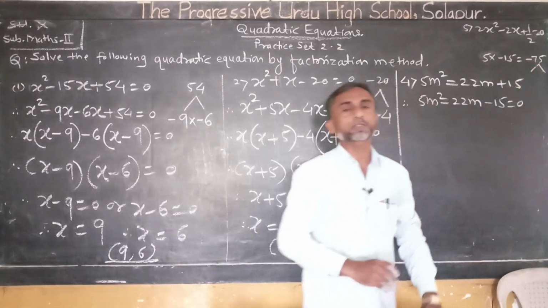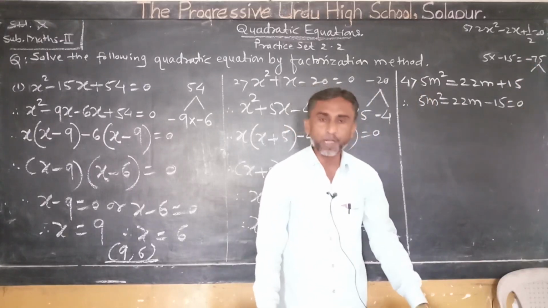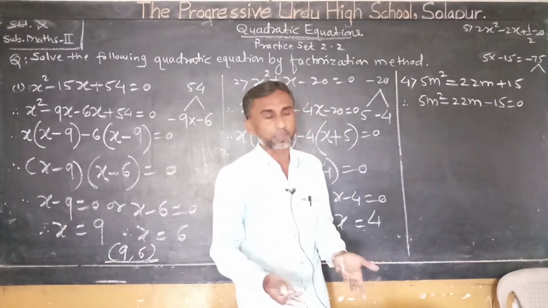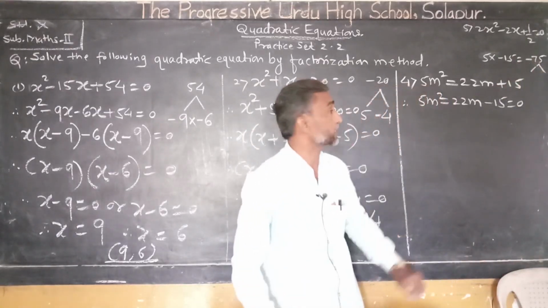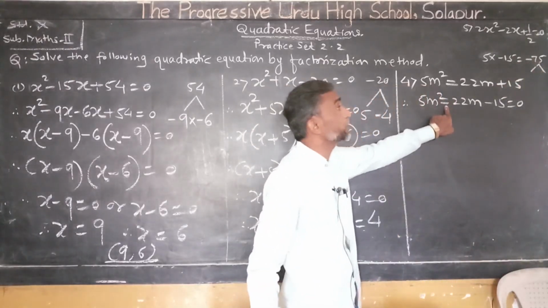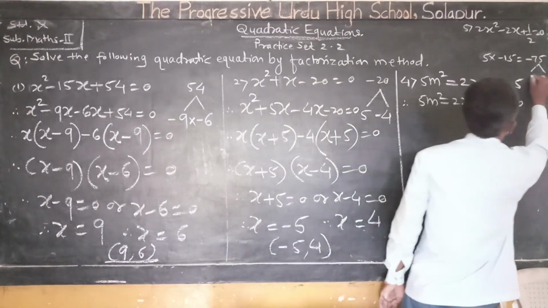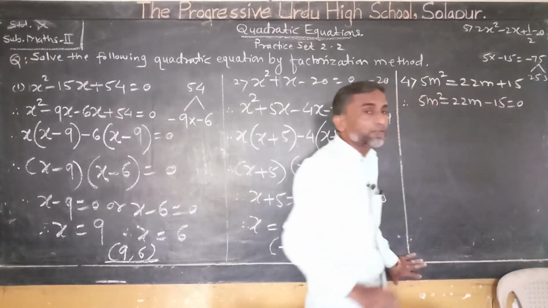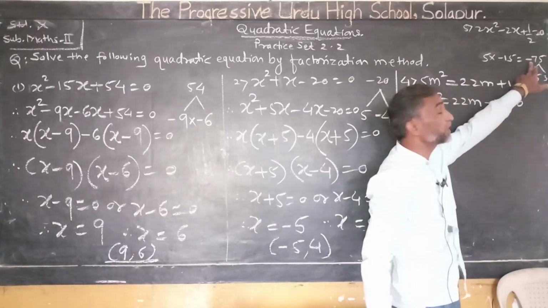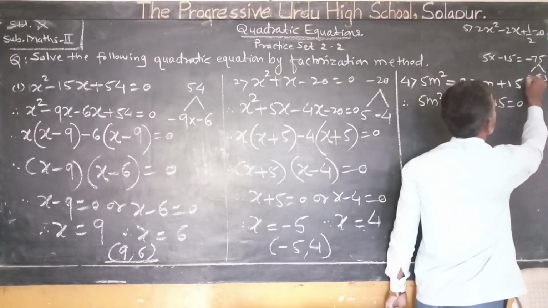Now find the factors of minus 75 such that the product, that is multiplication, should be minus 75 and the addition of the two factors should be minus 22. So 25 threes are 75, but we want minus 75. So give the minus sign to 25.